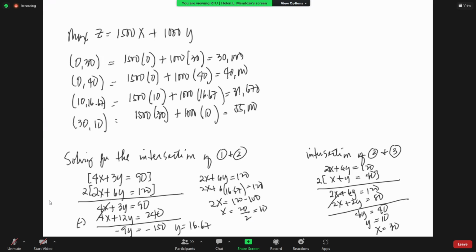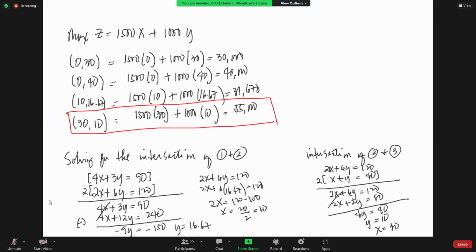Option 3 would give the farmer 31,670. And option 4, utilizing the entire 40 hectares at 30 and 10, would give the farmer a total profit of $55,000. So given the four, the farmer should consider planting rice on 30 hectares of farm and corn on 10 hectares of farm.